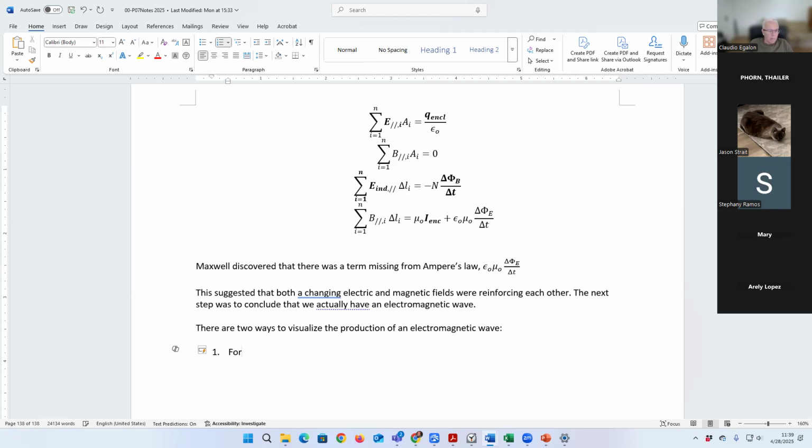One, first, with a generator attached to two pieces of conductors, creating an open circuit.